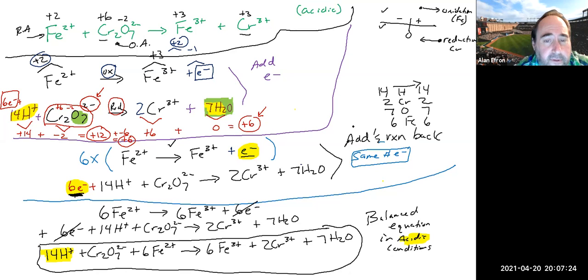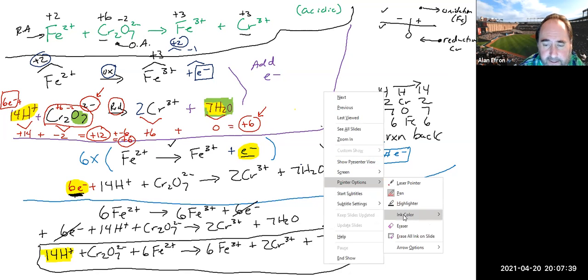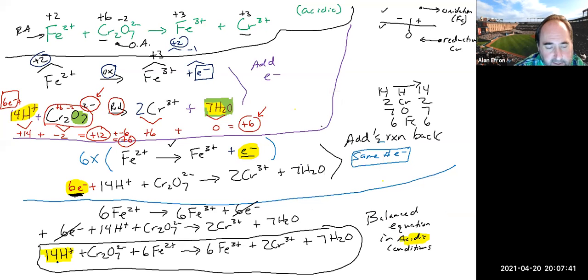The other important thing, if you remember, is we need to make sure that the overall charge on the left-hand side equals the overall charge on the right-hand side. So let's keep track of that and see what we end up with. Starting on the left-hand side, there's 14 hydrogens. That gives us a plus 14 on the left. There's our dichromate, just like we did up here. That dichromate is minus 2.